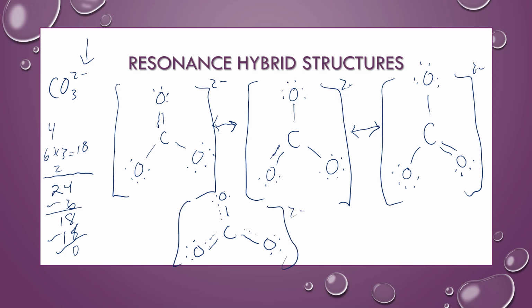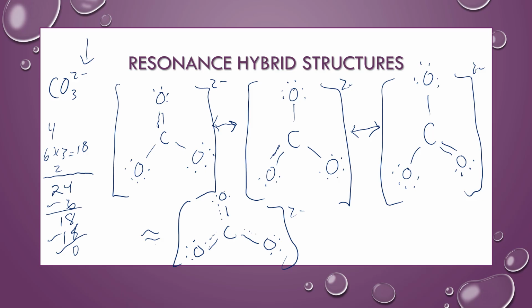Occasionally you'll see it with the dotted line like that, although that doesn't necessarily show the whole picture either. Both models have pros and cons. The top one shows you that the electrons can move between those 3 specific locations. The bottom model shows you the average. And since we can't predict where it will be at any given moment in time, the average is a little bit more like what we're going to be measuring.